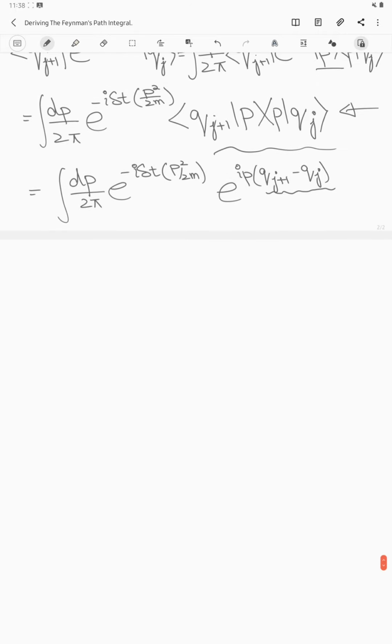Now this integral over here is just known as a Gaussian integral over your momentum p.